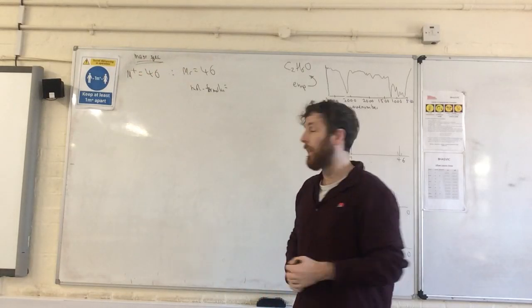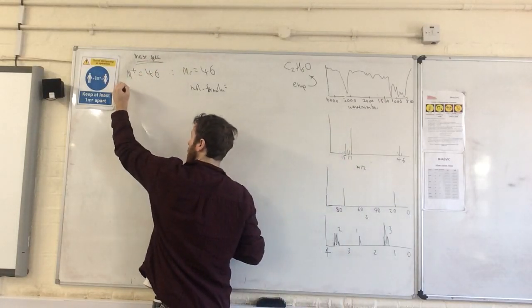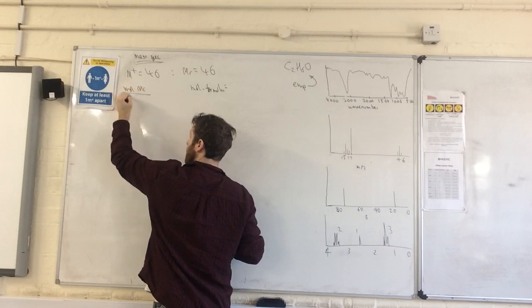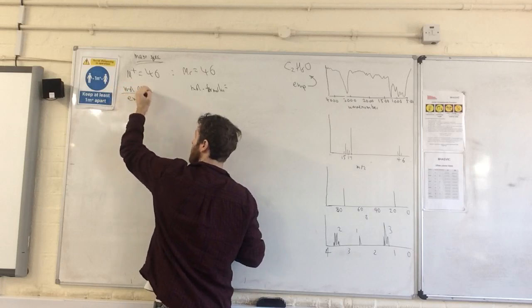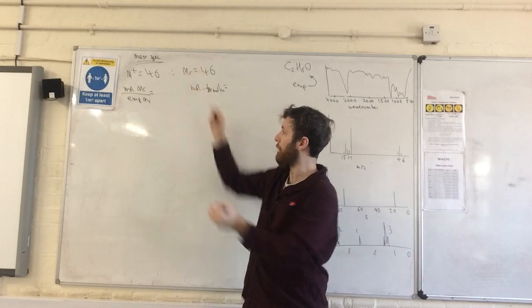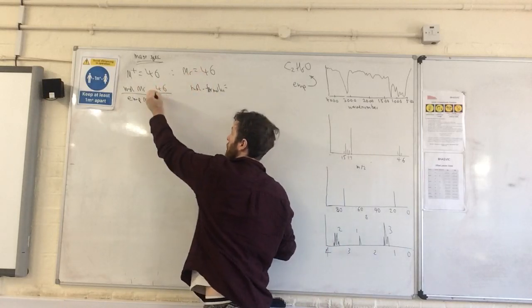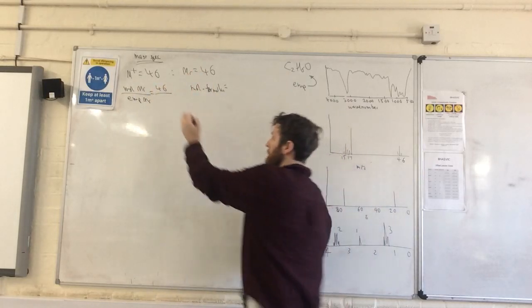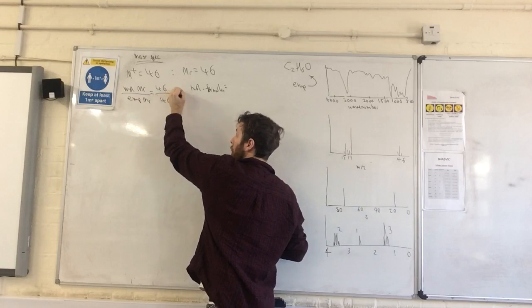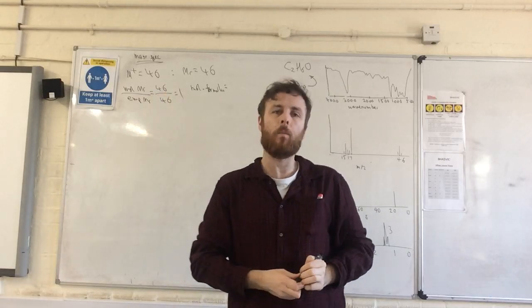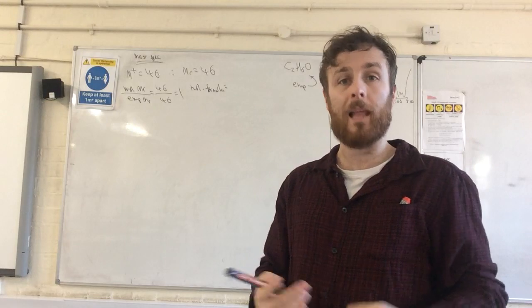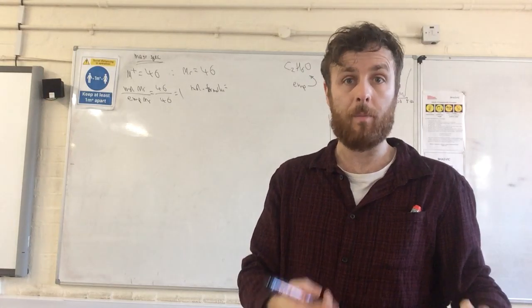Once I've got my molecular formula MR, I can compare that to the empirical formula MR. So my molecular is 46. My empirical, if we add that up, comes to 46. And that will tell you how many more times bigger your molecular formula is than your empirical.